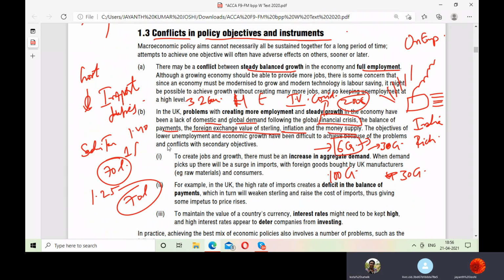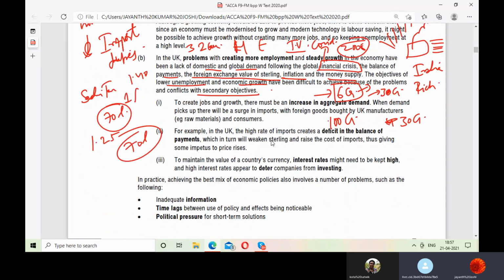The objectives of lower unemployment and economic growth have been difficult to achieve because of conflicts with secondary objectives. So they are not able to generate employment. Why? Because there is no demand in UK, and they are also not able to sell the goods to the outside world. So no demand for UK's products.